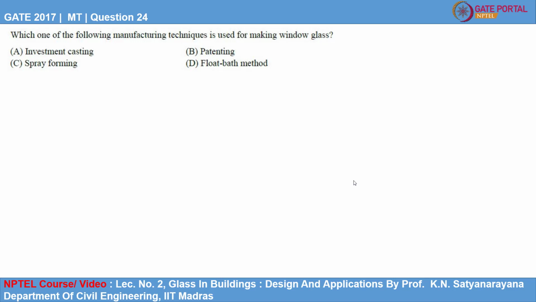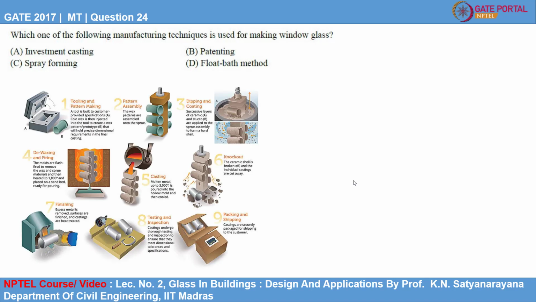The first option is investment casting. Now, in investment casting, what we usually do is we make a tool and we inject that tool with cold wax, and those wax patterns are assembled onto the sprue into the pattern assembly.